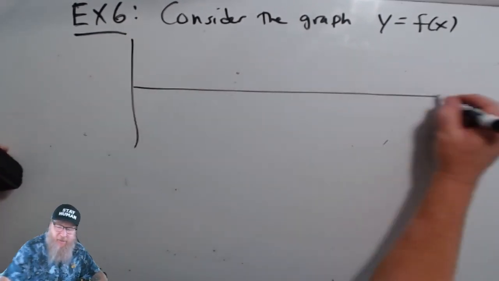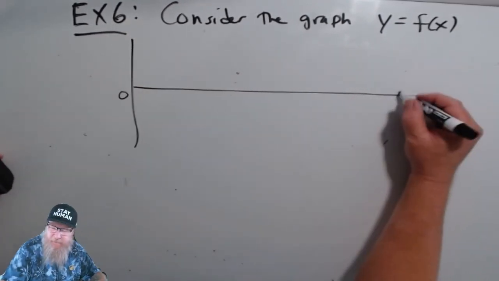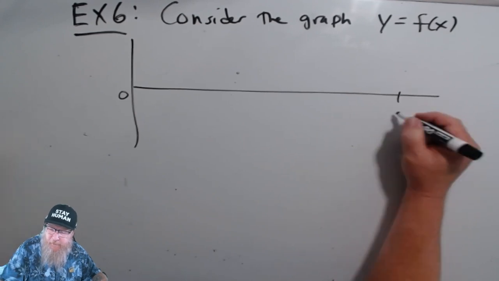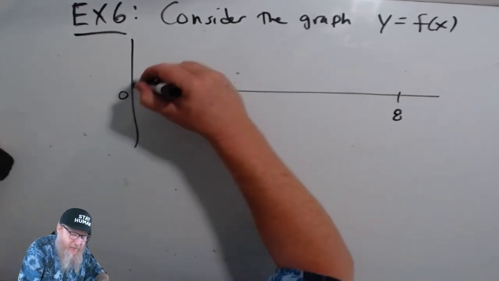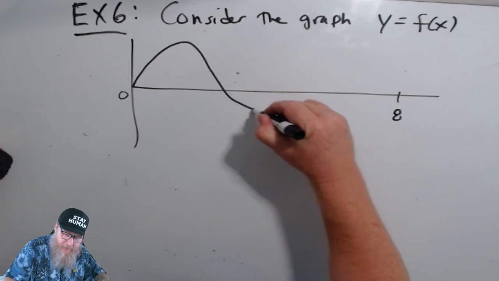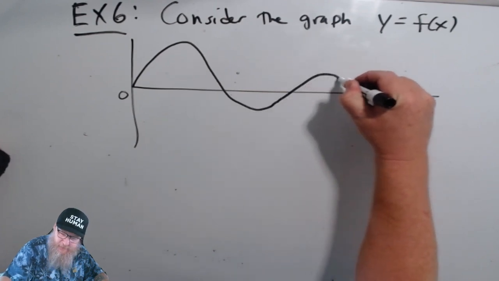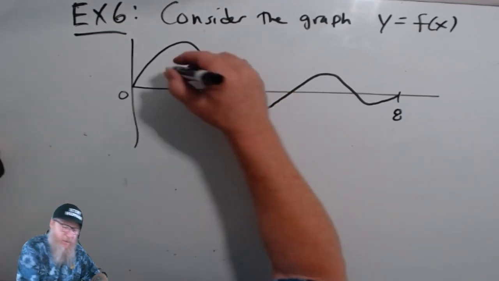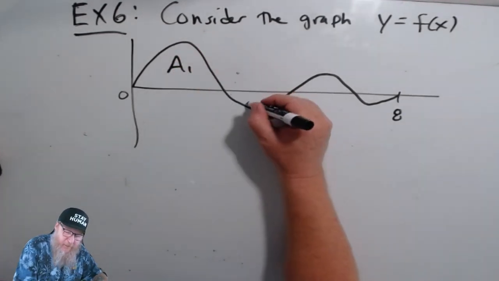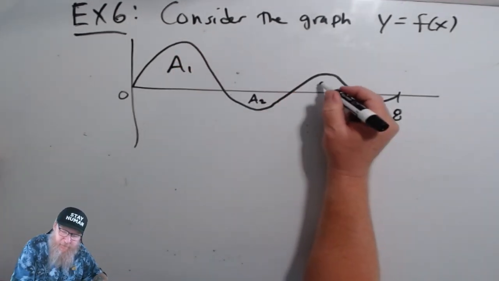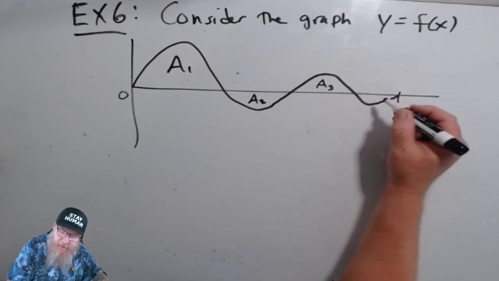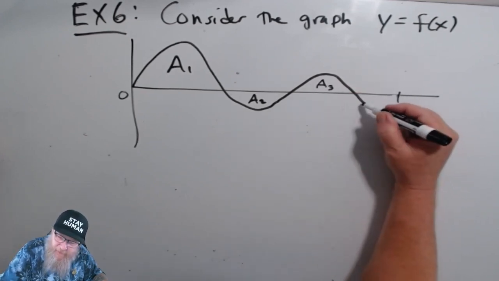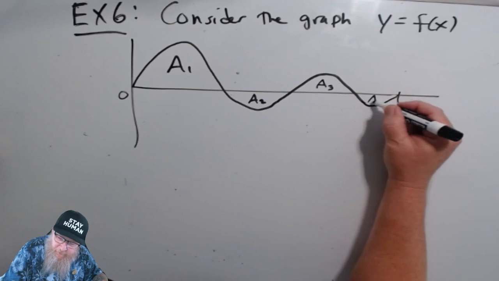We'll start at 0 just to make it simple. And we'll go from 0 to 8. All right, and we'll call this A1, A2, A3, and A4.